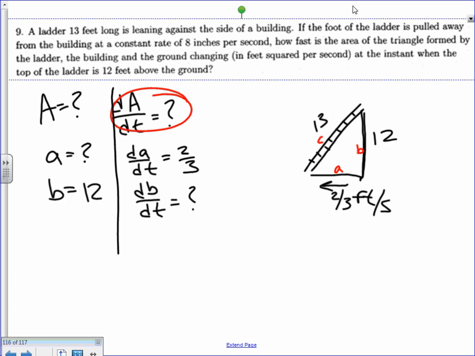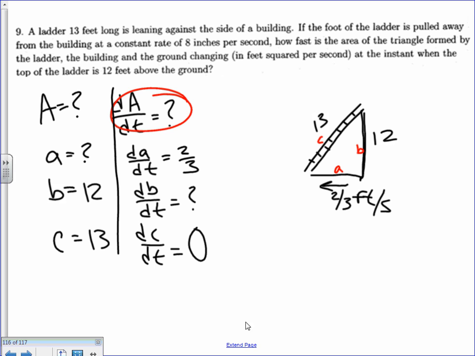I don't know how fast it's sliding down. And C is 13, and dC/dt is 0 because the ladder is not changing. It's not an extendo ladder or a shrinko ladder. I don't even know if those are real things. That just sounded cool. So we're trying to find dA/dt.